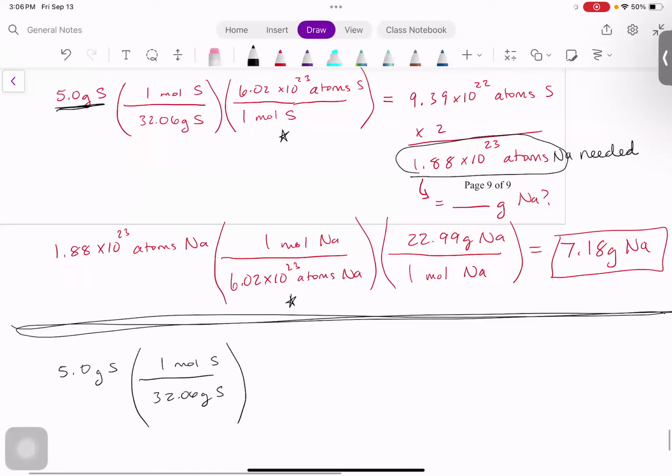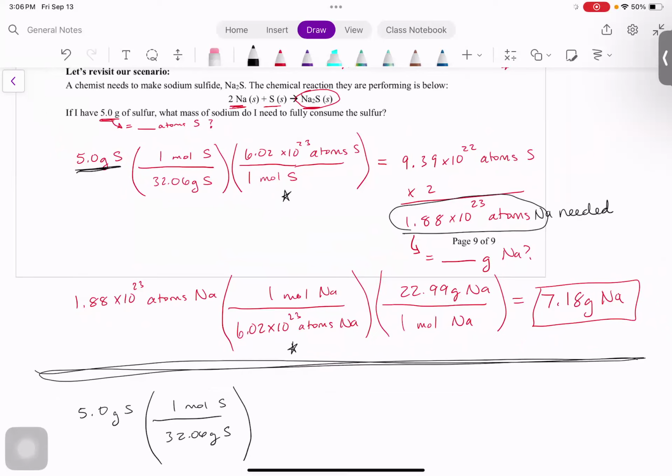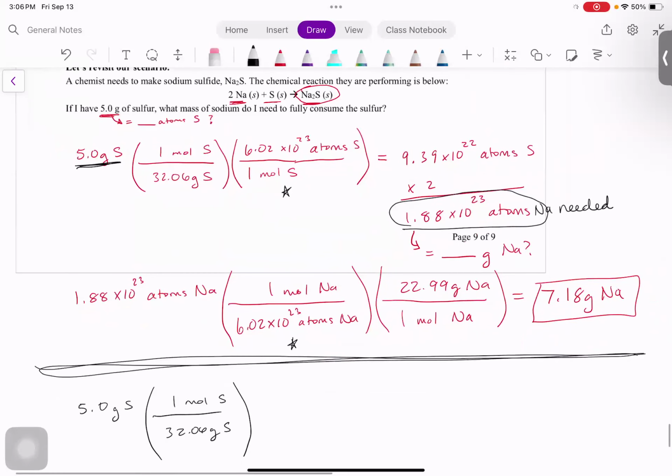But instead of converting this now to atoms and then doubling the number of atoms, what I can say from this balanced chemical equation, what I can read here is that 2 moles of sodium are needed for every 1 mole of sulfur in this reaction. That's the ratio that I need of these elements in this reaction.